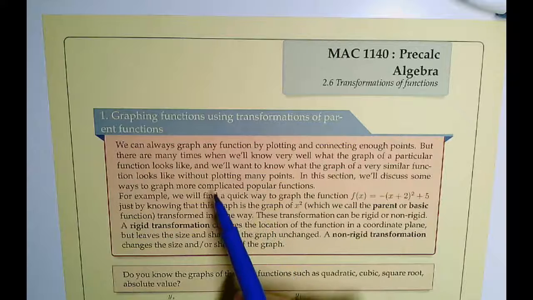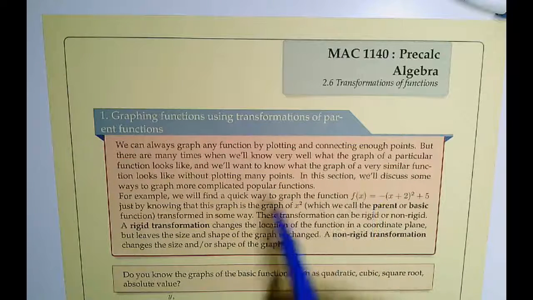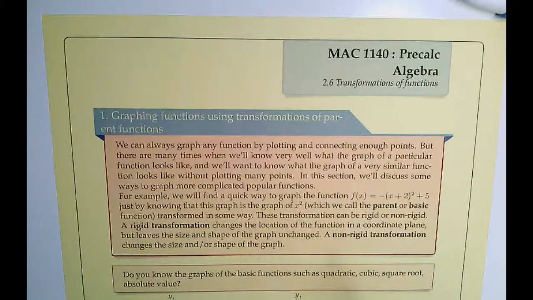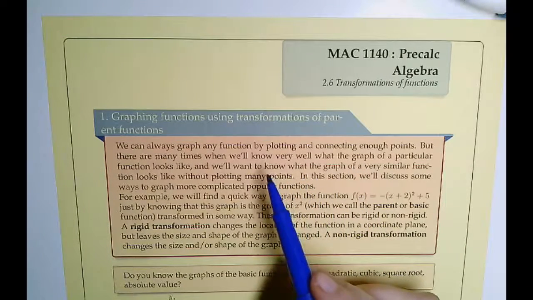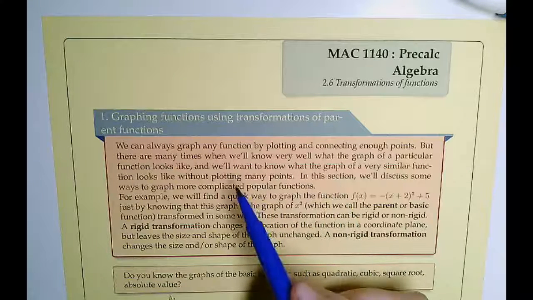But there are many times when you'll know very well what the graph of a particular function looks like. So you know how the graph of x squared looks like, for example. So if you know that, how can you use that to graph similar functions without plotting too many points?